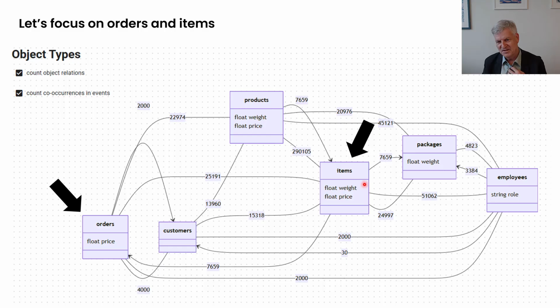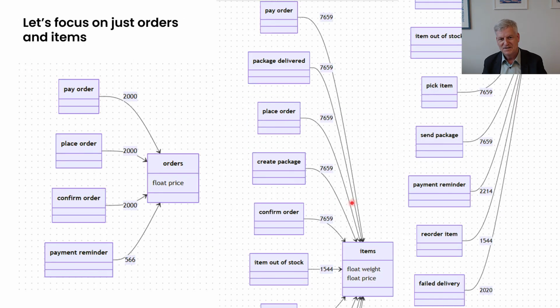So we have orders and items. You can see the variables that they have. These are the event types corresponding to orders. So you have place order, pay order, etc.